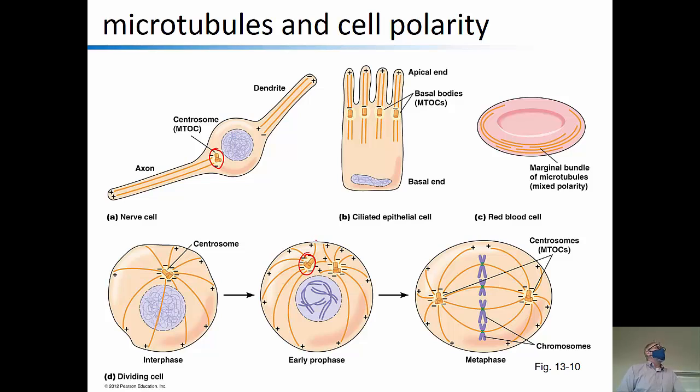The one that I think I forgot to mention were these called basal bodies, which play an equivalent role. And so they still have these gamma-TuRC complexes. What those complexes do is initiate nucleation, so they start the process, but they also serve to stabilize the minus end because they're bound there.